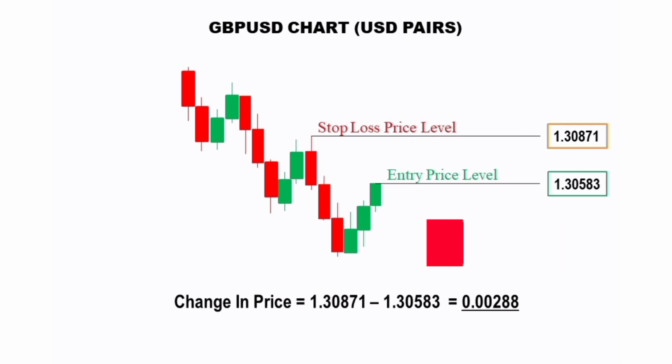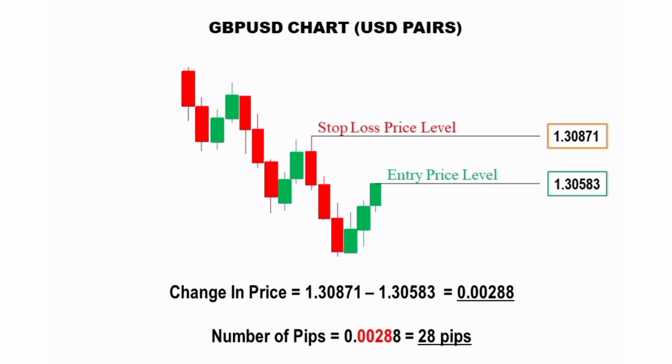0.00288. Okay, so the change in price or the price difference here is 0.00288. What that simply means is that the number of pips here is 28 pips, because if we check the digits after the decimal point, we can see that the digit there is 28.